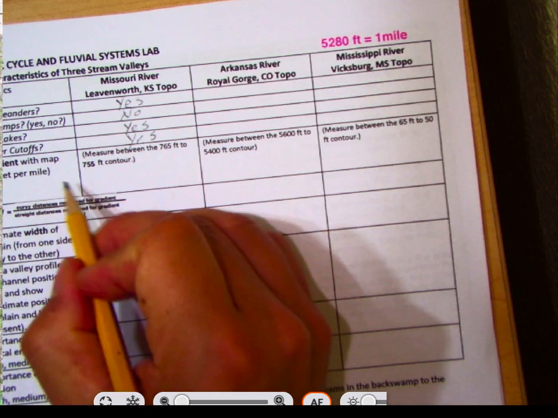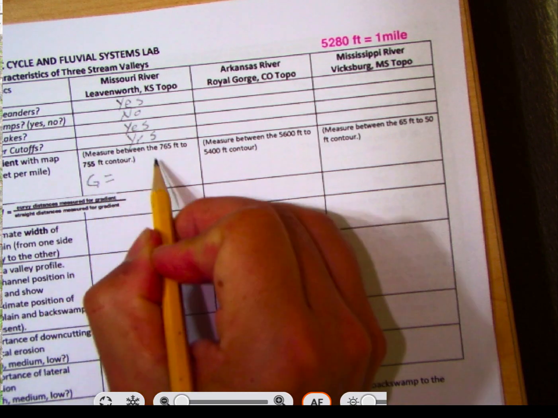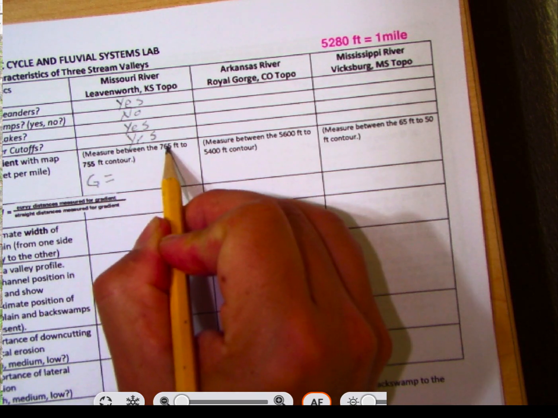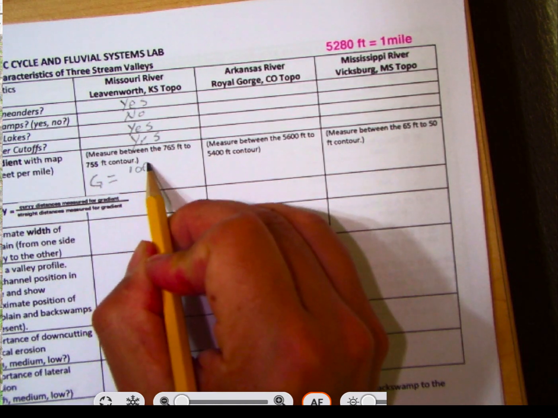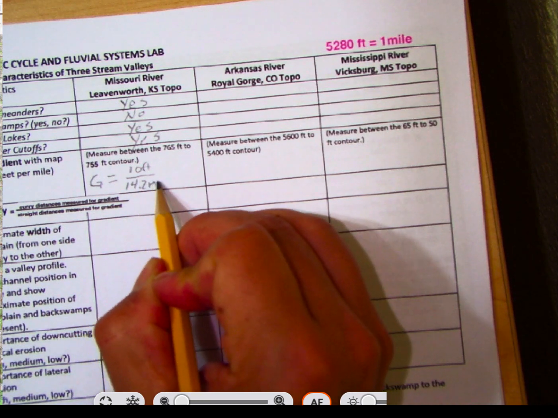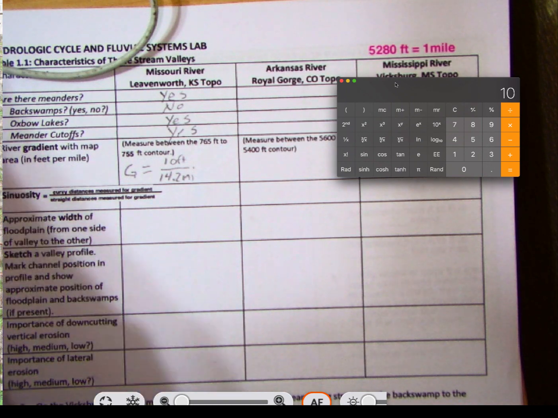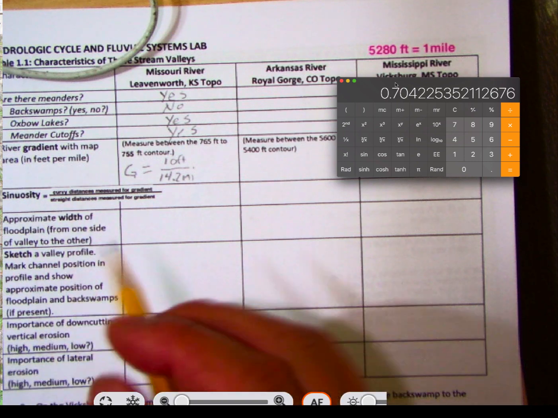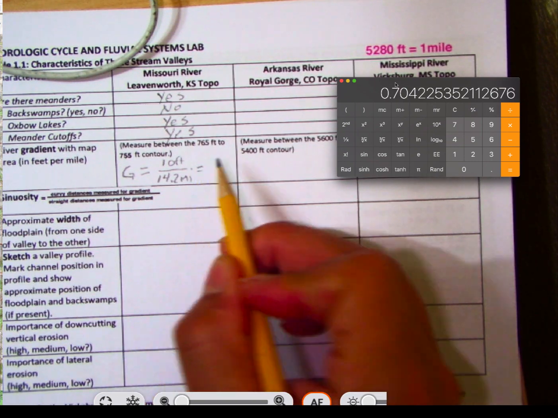For our gradient, remember, it is the change in elevation, which in this case we're seeing from 765 to 755, that's 10 feet over the course of 14.2 miles. Then we just do the math there, 10 divided by 14.2, and it's 0.7. So it's a very low gradient stream. It's dropping less than a foot per mile.